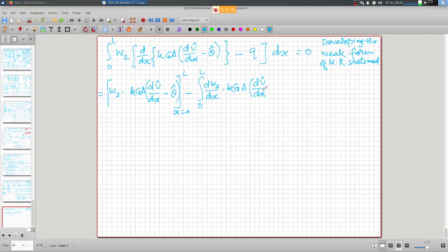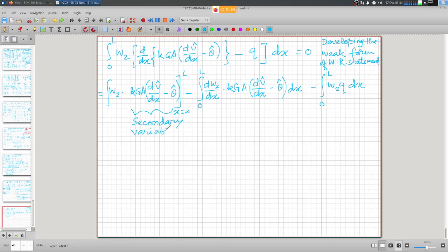So we can continue with developing the weak form. So this is equal to 0. Looking at this boundary term of the weak form, we can identify that this is the secondary variable of the problem, the coefficient of the weighting function term.